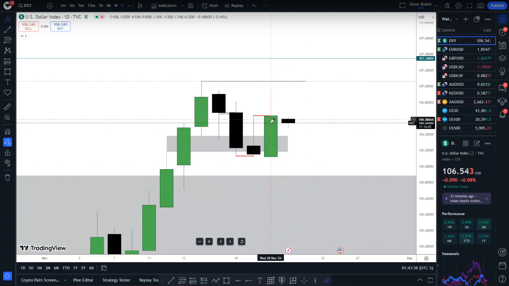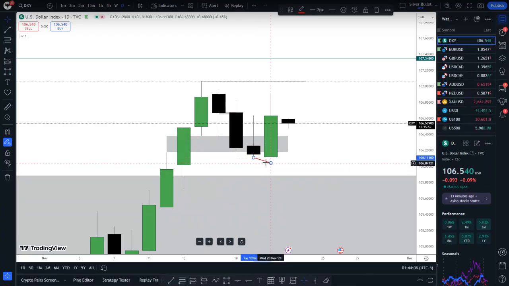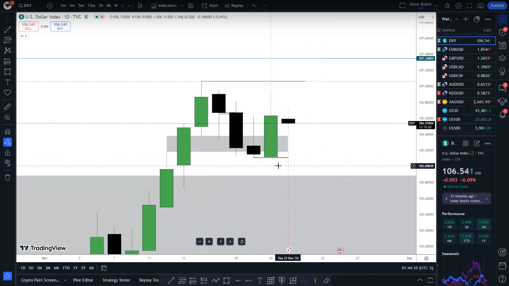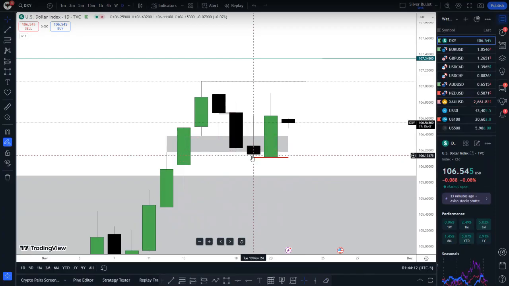So here's an issue that we are facing today. This indicates that this low here was actually the low of the week. First, 106.111, 106.113. Okay, this lowest low here on Tuesday was actually the low of the week.